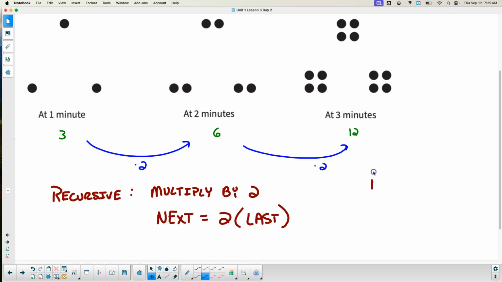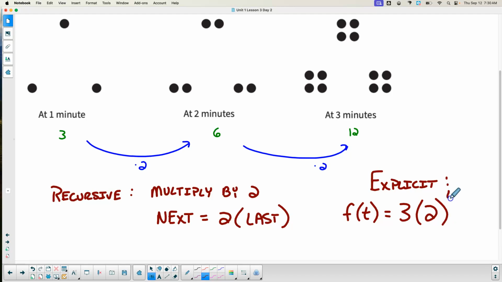All right, the explicit. I'm going to put it in function notation, so I'm going to go f of t. We're just going to name it something, and my variable is going to be t. I know I've got to be 3 because that's my first term. I know I'm multiplying by 2, so that's going to be 2. Now I've got to come up with that exponent.